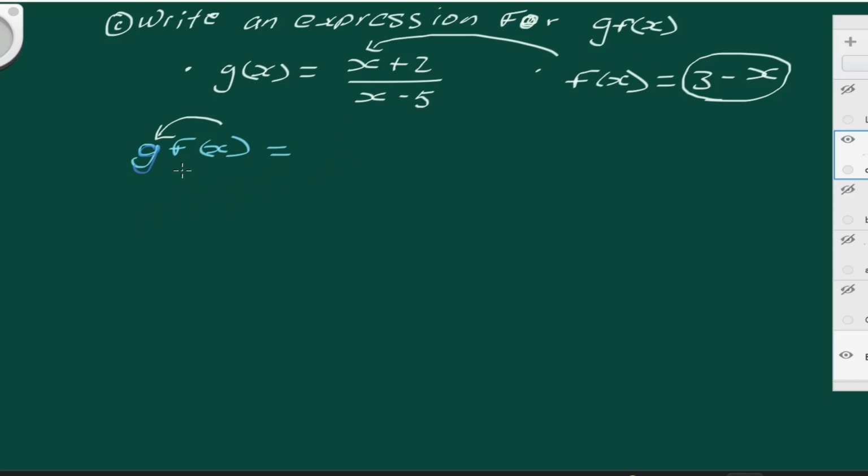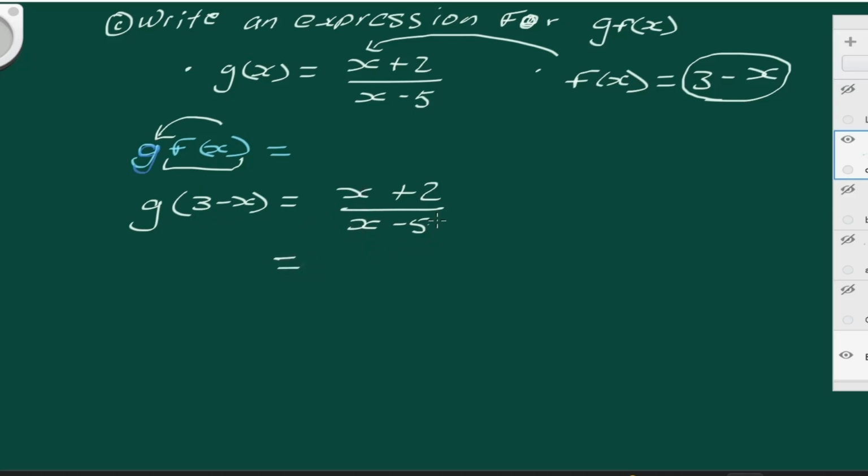So now that we know that the function f of x equals 3 minus x, we're going to replace f of x with 3 minus x. Right, so now we have f of x as being 3 minus x, and g of x equals x plus 2 over x minus 5.